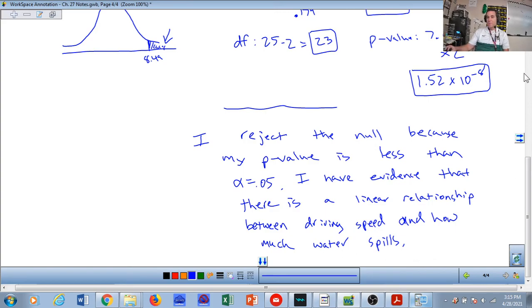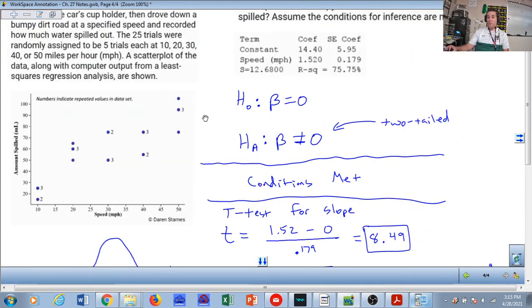Right? We have evidence that it's a positive slope. Okay, we actually have evidence it's positive slope.